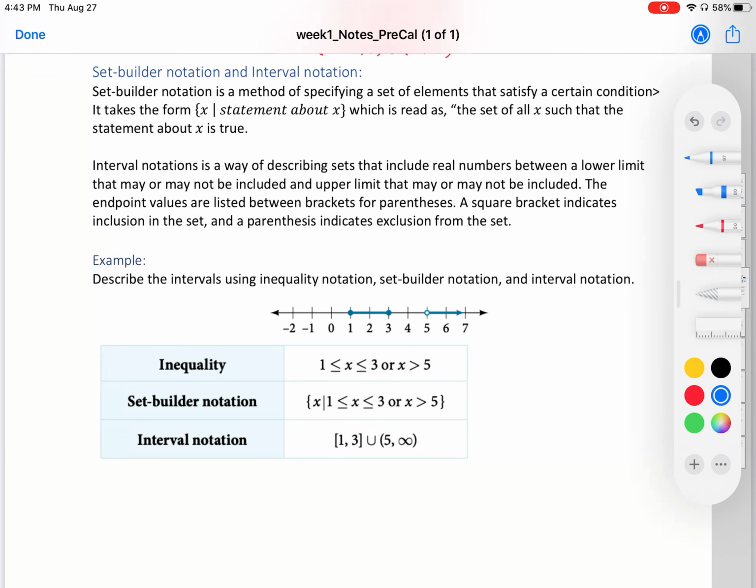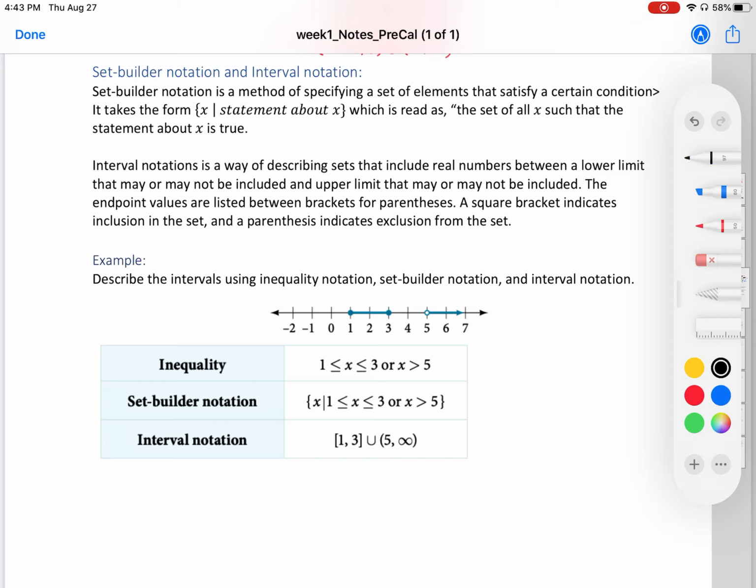Set builder notation. Set builder notation is a method of specifying a set of elements that satisfy a certain condition. It takes the form x such that, and then a statement about x, which reads as the set of x such that the statement about x is true.